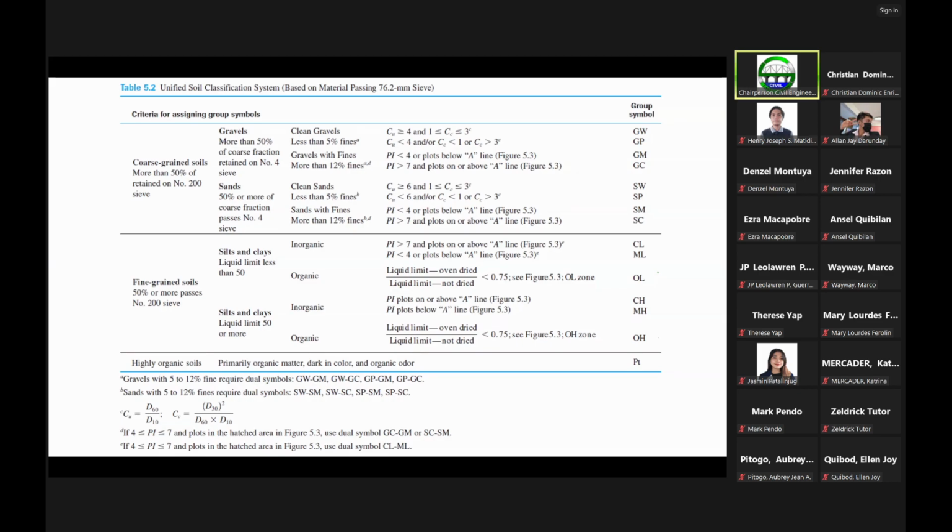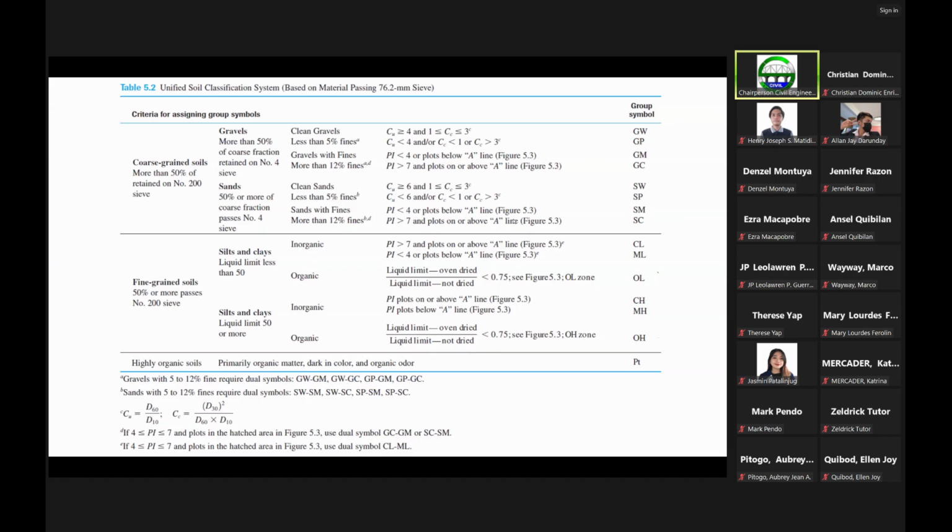Here, for the clean sands with less than 5% fines, this is less than 5 and this is more than 12. But if the fines content is between 5 to 12%, then that would require dual symbols. So then we can combine SW-SM or SW-SC or SP-SM or SP-SC, depending on which one will be satisfied.